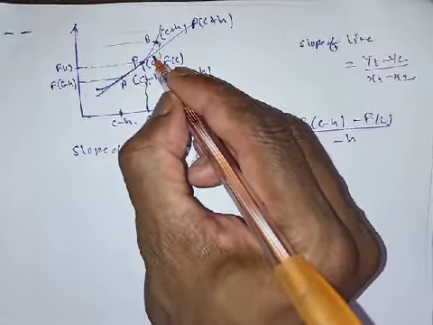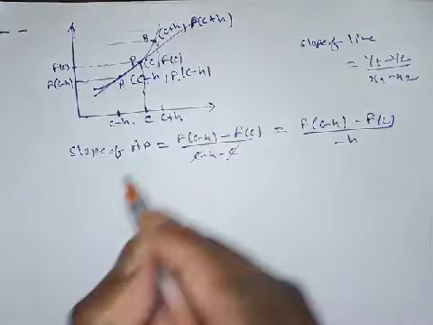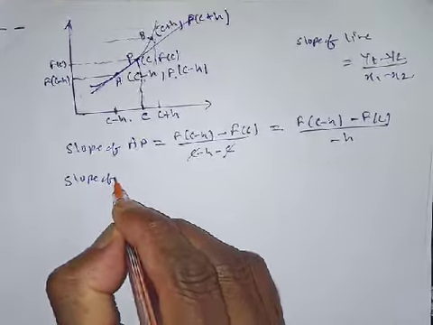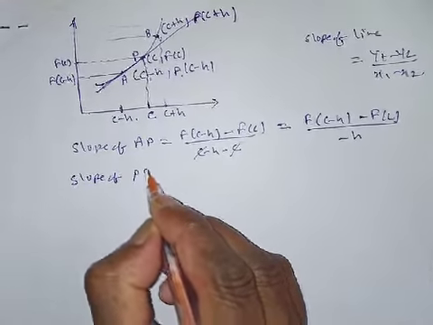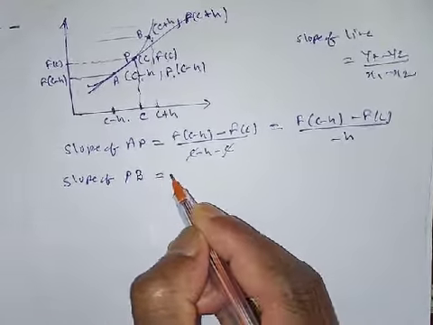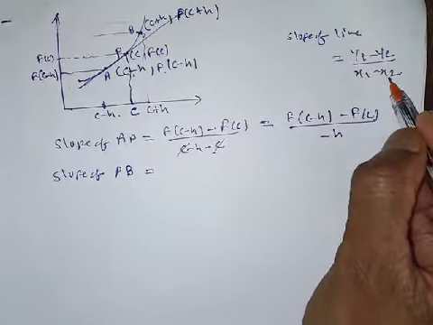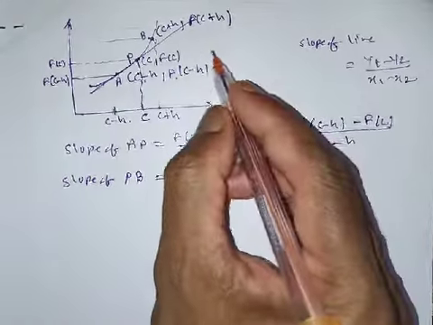Similarly, we have to find the slope of PB. Again, y1 minus y2 upon x1 minus x2. What is y1 here?